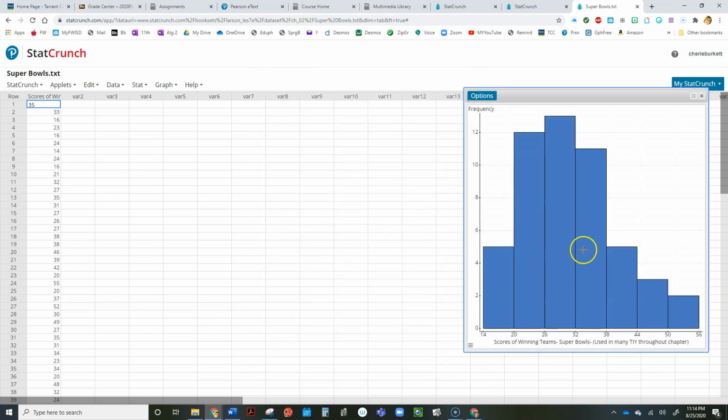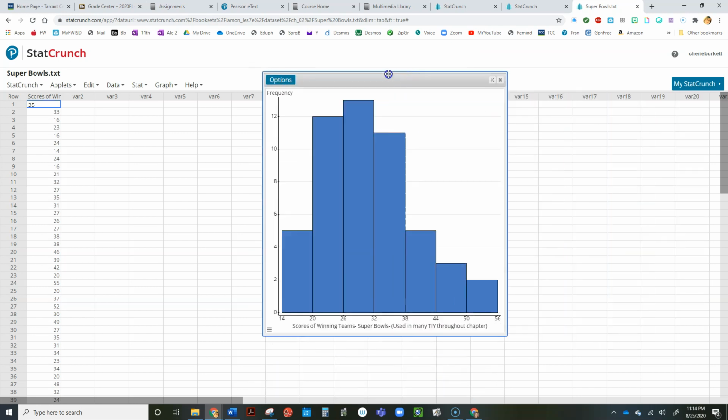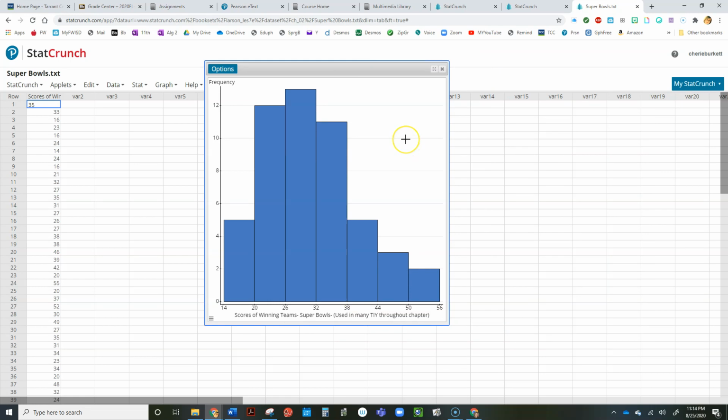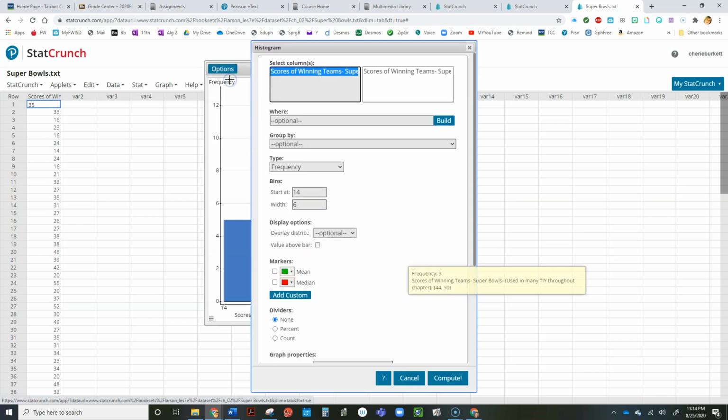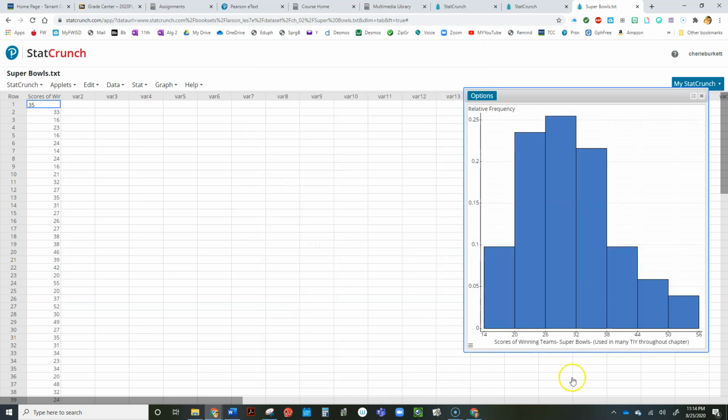And compute, and there is the histogram that we made by hand. And then if you wanted relative frequency, just this time pick relative frequency and compute.